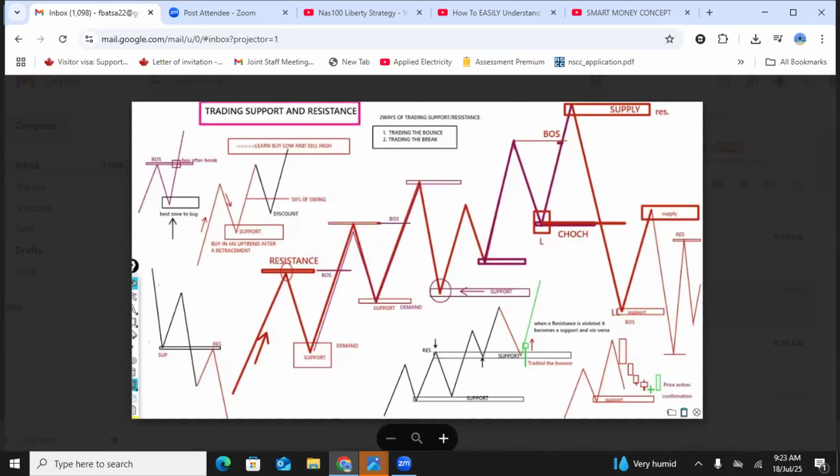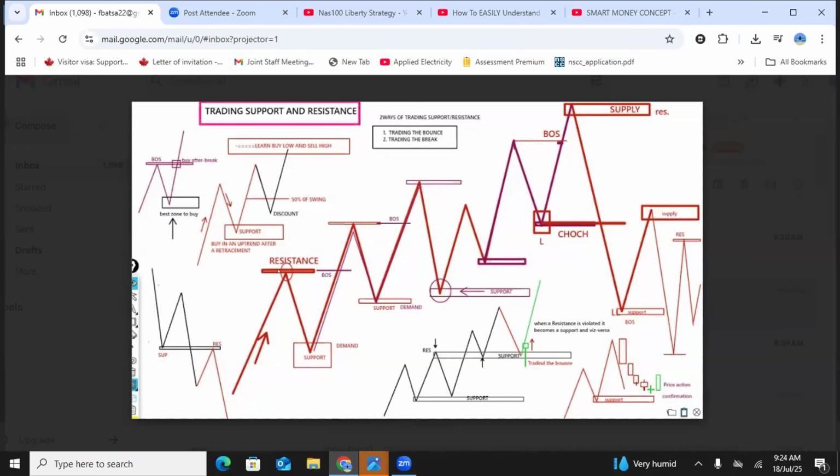When you look at these candles, it goes up to a point and it stops. Then it breaks down to a support level. We call it support. Then it goes up, breaks out of the level of the first one and goes up.